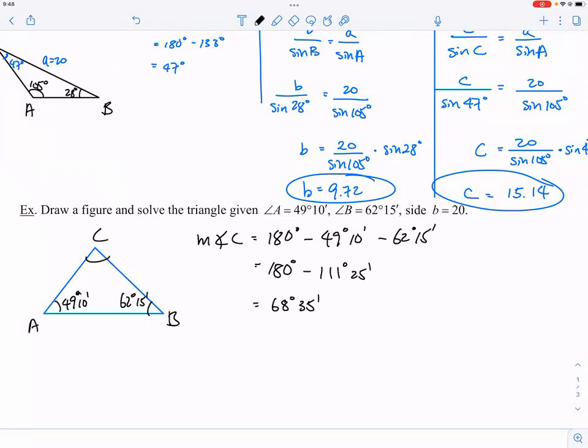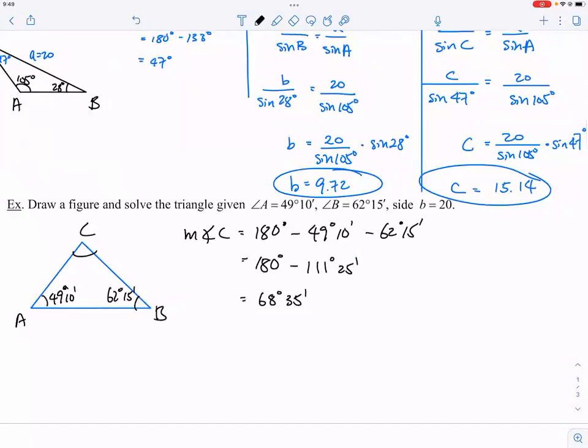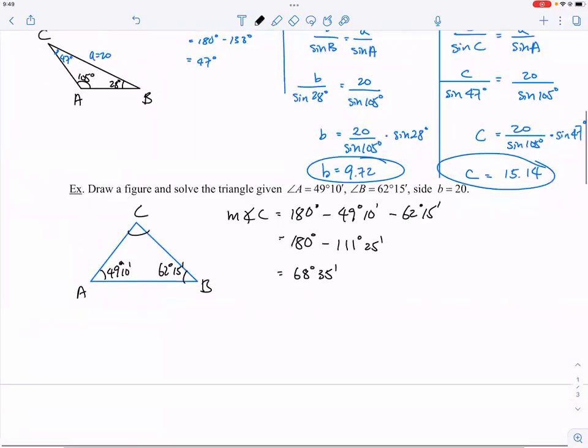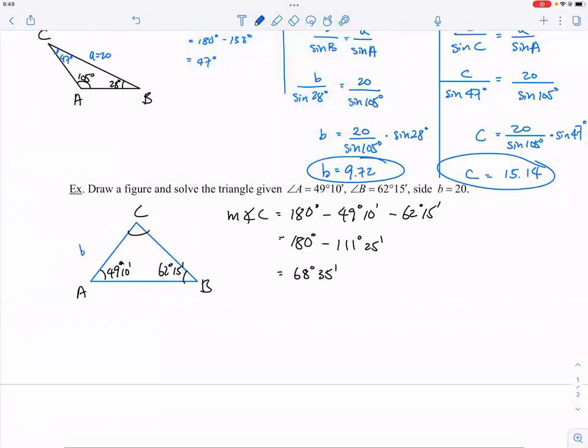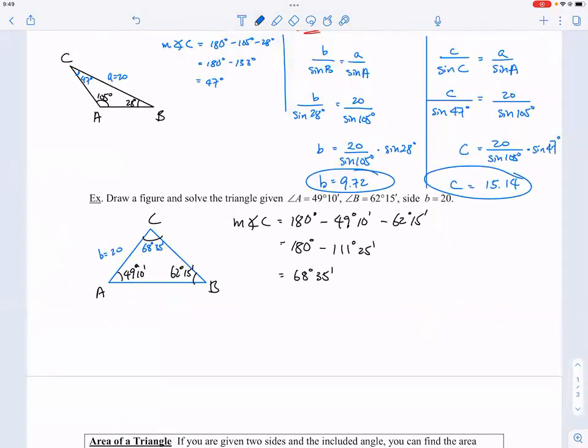So that's your angle C. And then you can go ahead, wait, hold on. Side B, it's what? Side B is 20. Side B is 20, then you can go ahead and find out A and C. All right, I'll let you go ahead and try it.